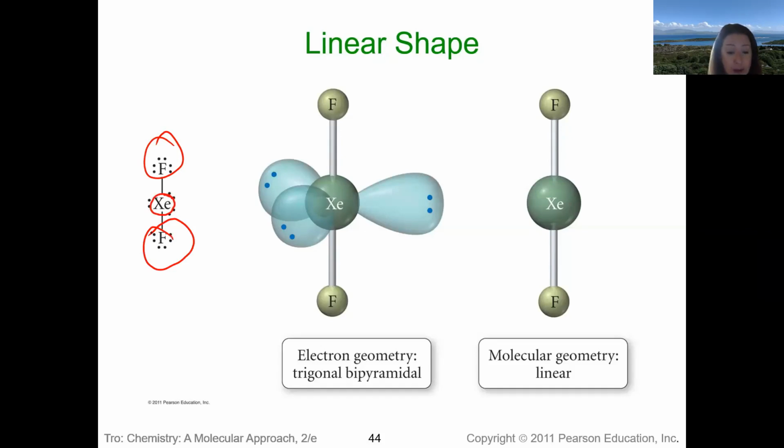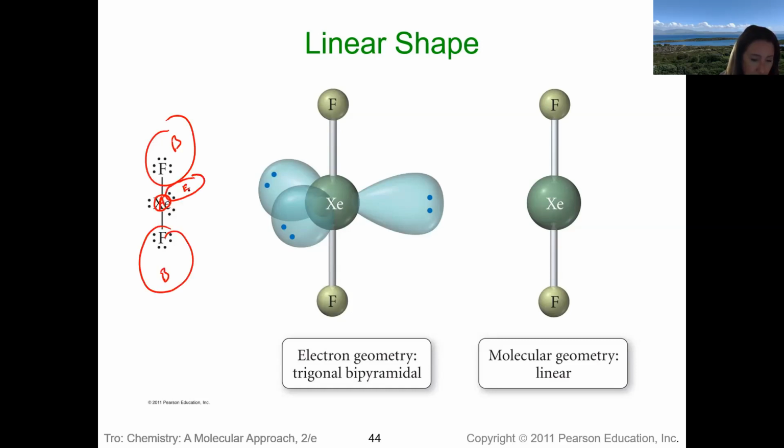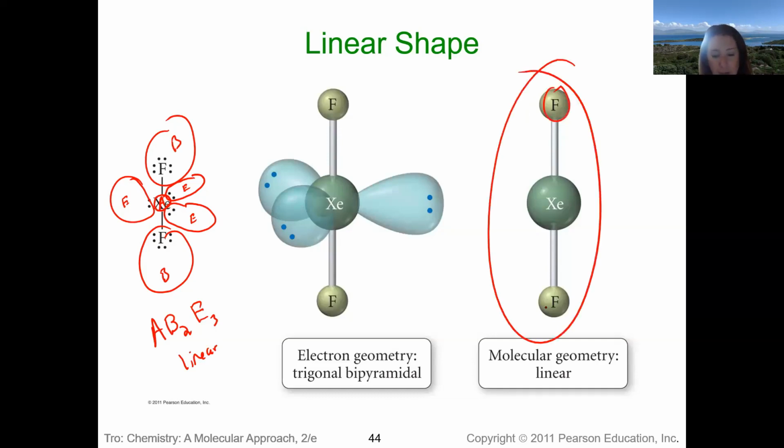So I don't even worry about this one, but if we want to do this one, that's our A, B, B, there's 1 E, 2 E, 3 E. So this is A, B2, E3, linear. Whenever you see 2 atoms attached to one thing, it's always linear no matter what.